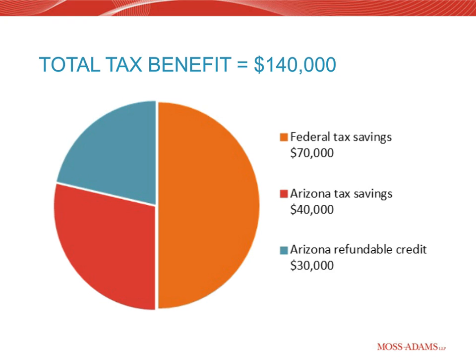So the next step is to complete an R&D study. And this generally needs to be done by the end of December if you're going after the refundable credit. So the third step is to file what's called the application for a certificate of qualification.